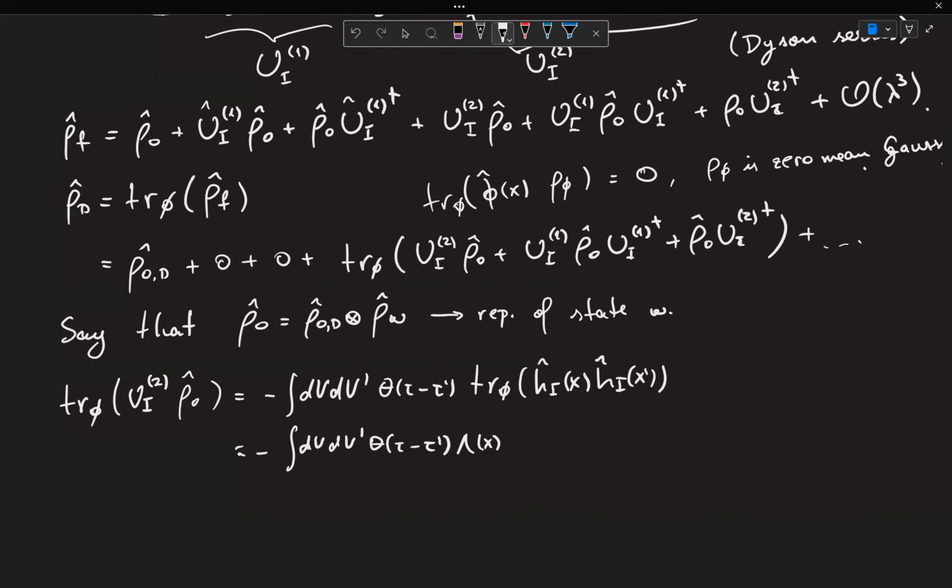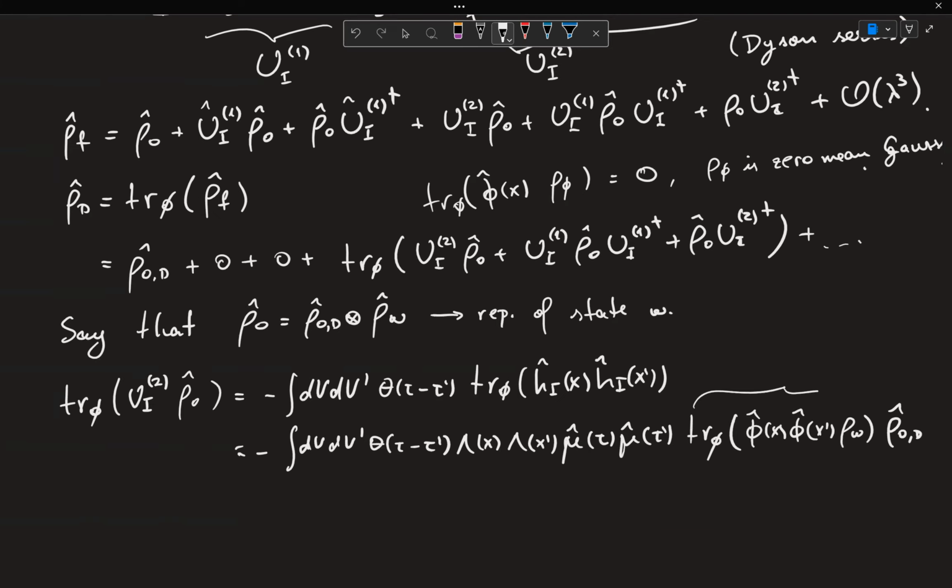The mu of tau are not affected by the trace over the field. They live in the detector Hilbert space. And then we're going to have a trace over phi of the phi of x, phi of x prime, rho omega, and there's a rho zero for the detector that we could have written before.